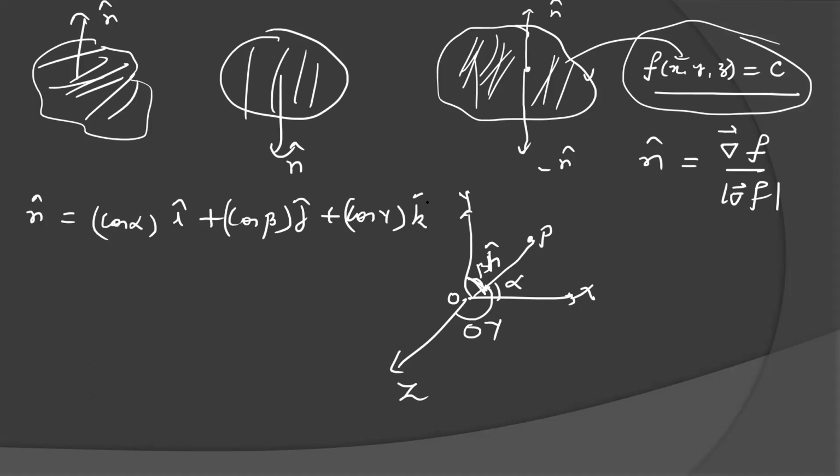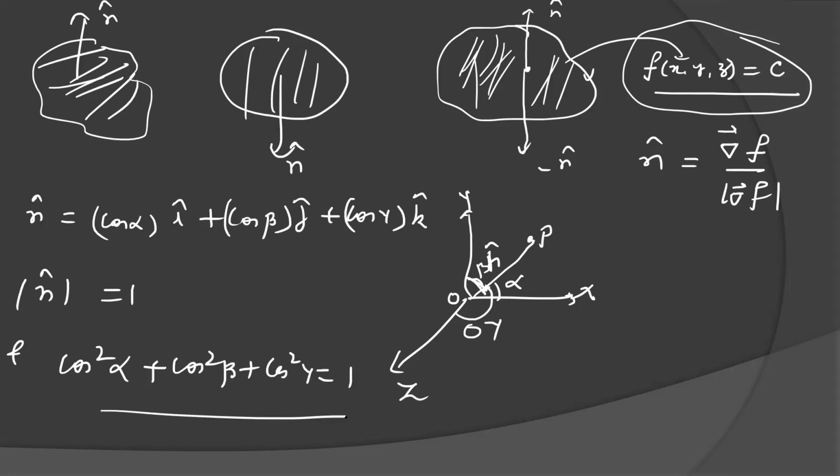Alpha, beta, gamma are the angles of the unit normal vector n cap. Remember one important point: the magnitude of n cap is 1, so cos square alpha plus cos square beta plus cos square gamma is 1. This is the very famous result of direction cosines you studied in class 10 plus 2 in 3D topic.